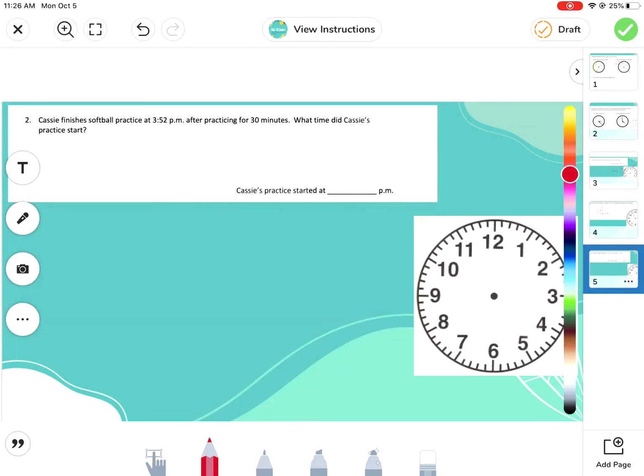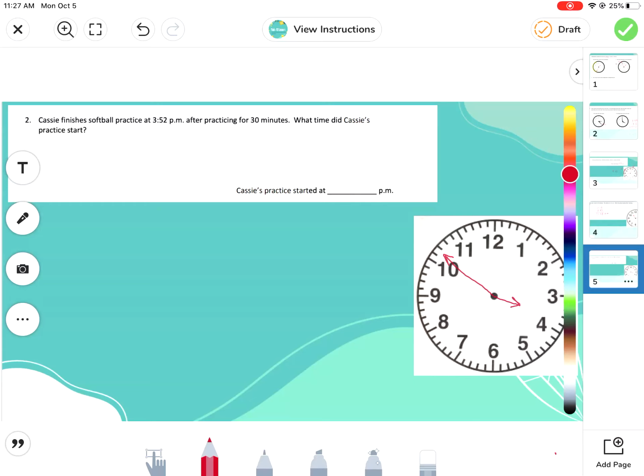Cassie finishes softball practice at 3:52 p.m. after practicing for 30 minutes. What time did Cassie's practice start? So it finished at 3:52.